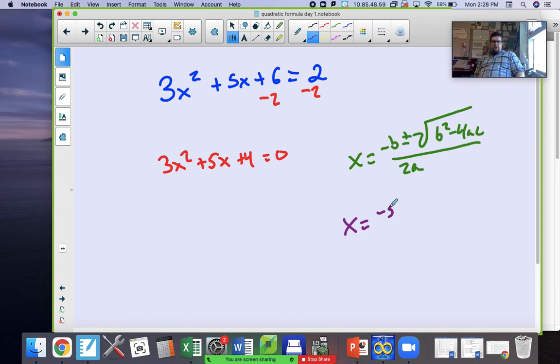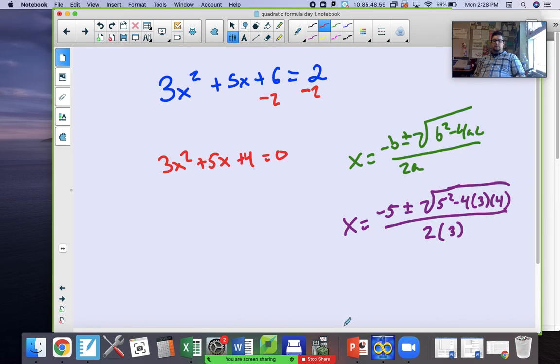We get negative 5 plus or minus the square root of 5 squared minus 4 times 3 times 4 all over 2 times 3. That negative 5 is still there. We get 25 minus, well, 4 times 3 times 4, negative 48.